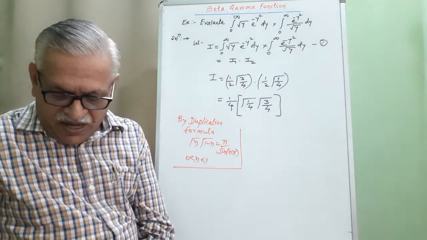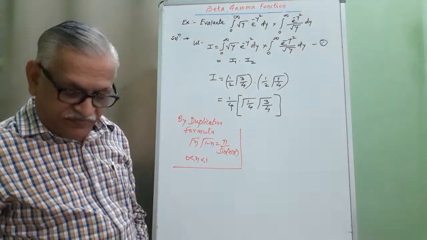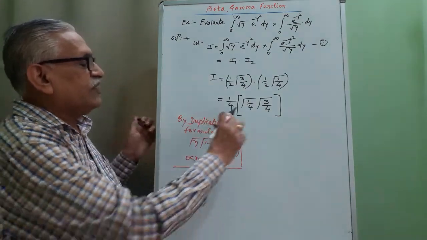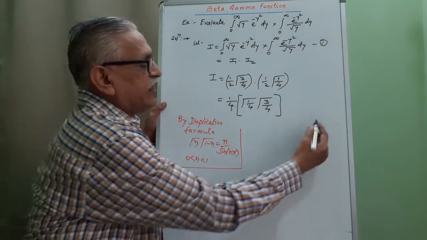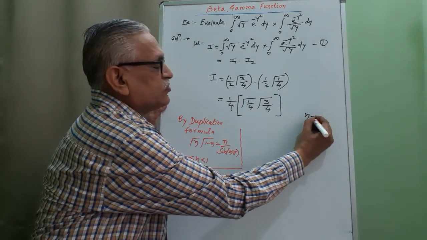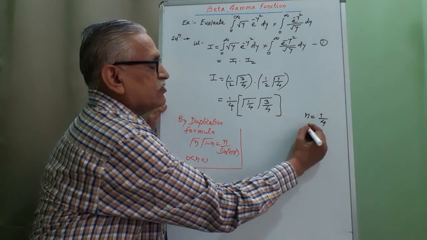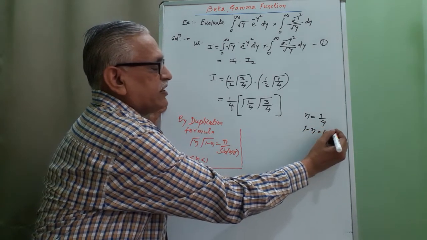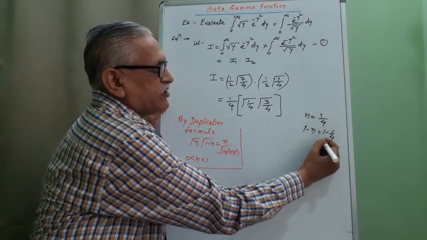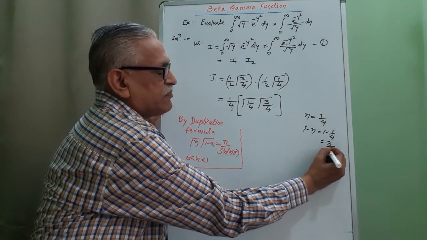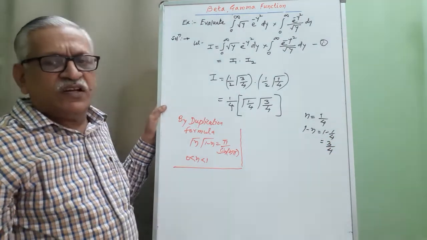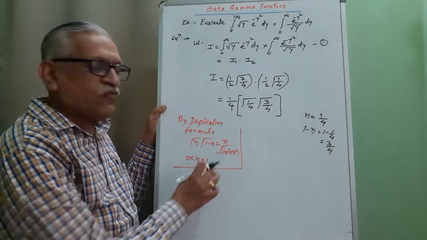Therefore, applying this result here, we consider the first one as n. Therefore, here n is equal to 1 by 4. 1 minus n becomes 1 minus 1 by 4, that is 4 minus 1, it becomes 3 by 4. 1 by 4 is in between 0 and 1.